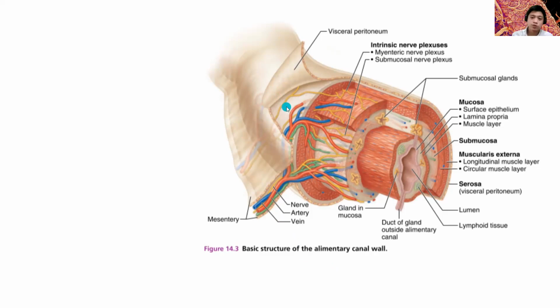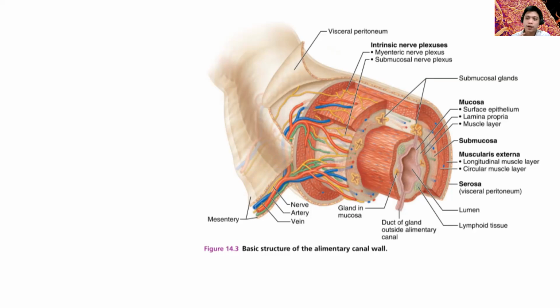And later on, as we go into the intestines, you will see that this visceral peritoneum is actually connected to still a connective tissue rich structure, which we call the mesentery. And this mesentery will then connect the viscera into the walls of the abdomen.